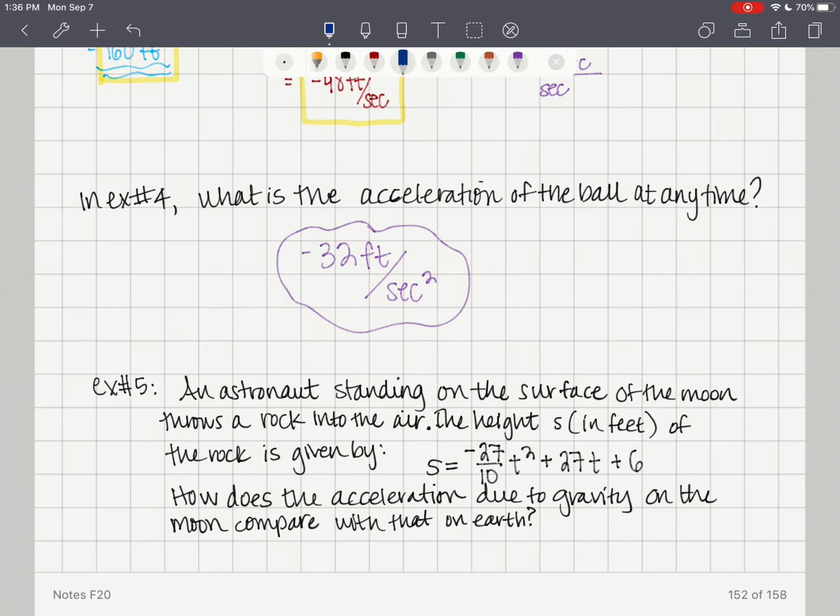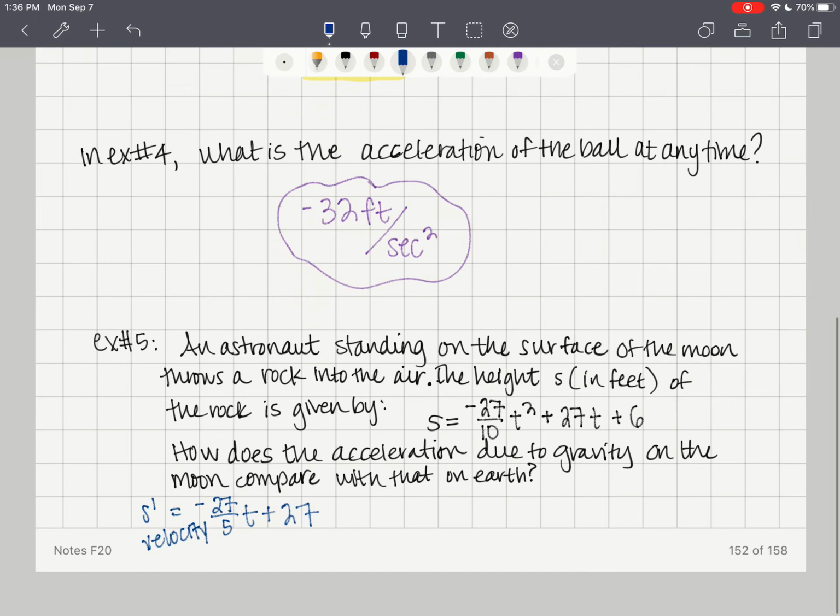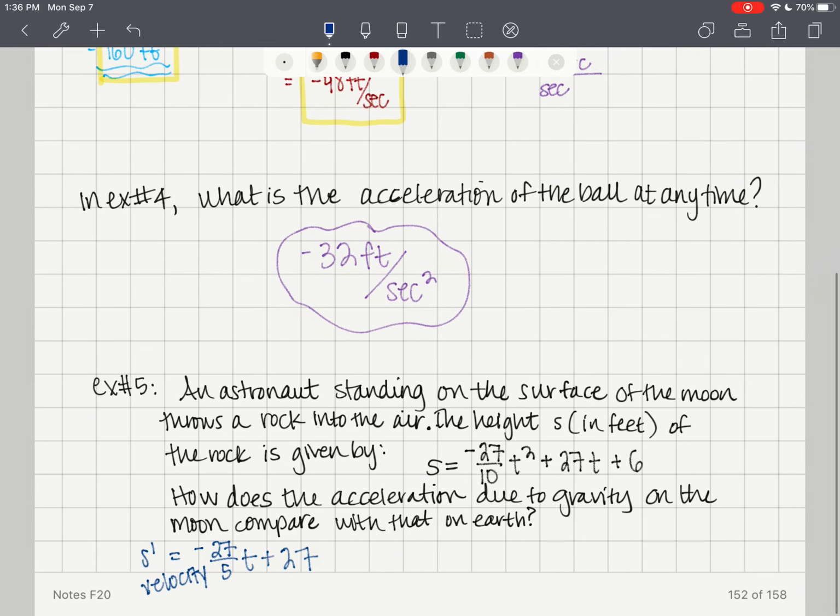So let's try this. S prime of t, or just S prime, because there's not function notation, is equal to negative 27 over 5 t plus 27. And that's our velocity. And then we have our acceleration, which is the second derivative of our position function.